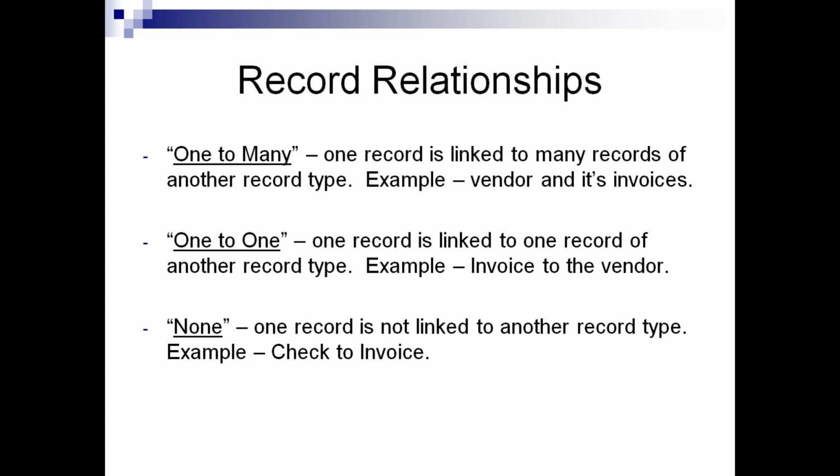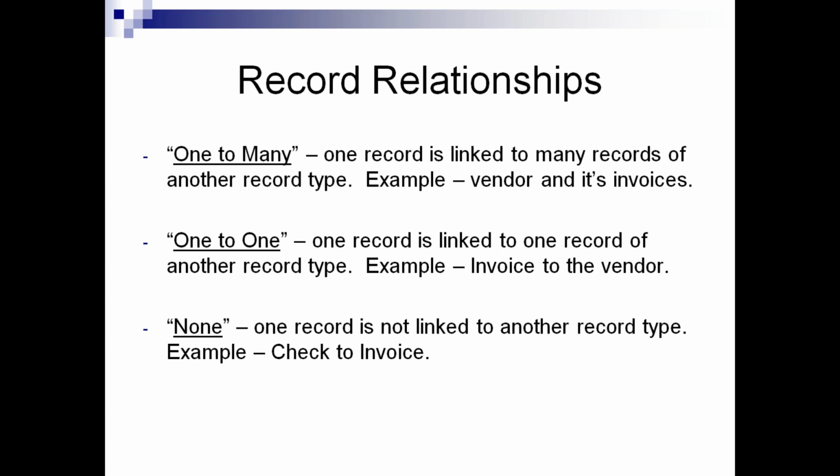That's considered a one-to-one. Or I'm sorry, the invoice itself is only linked to one vendor. The one-to-many above that flips it around the other direction. So one vendor can have multiple invoices recorded to it. So we have one-to-many, so one vendor, multiple invoices, or one-to-one, which is one invoice only assigned to one vendor, and then a none.